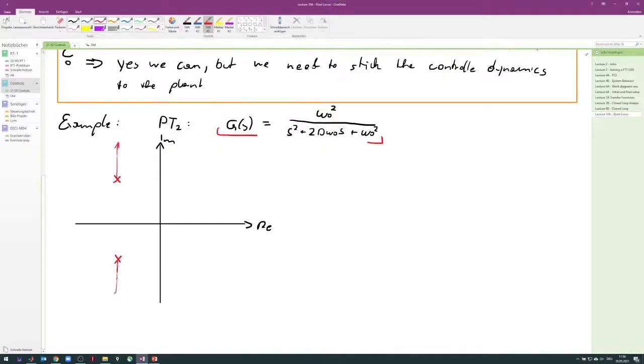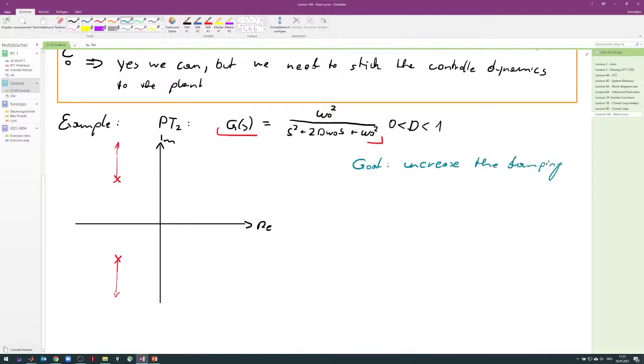So with negative feedback, you basically can reach these poles here. So, okay, let's say for these poles I draw, the damping is bigger than 0 and smaller than 1, right? So it's oscillating. And our goal should be, by the controller, to increase the damping.